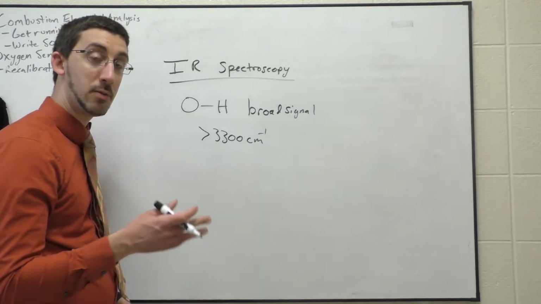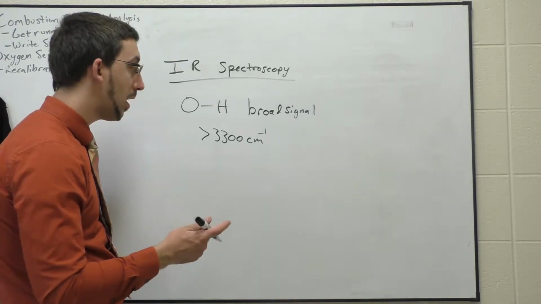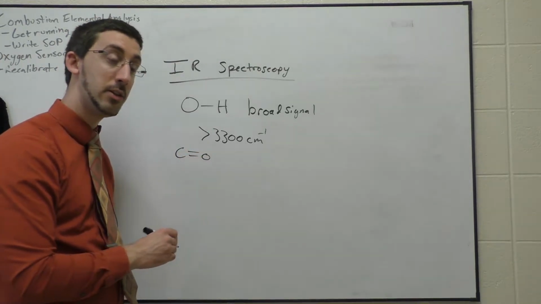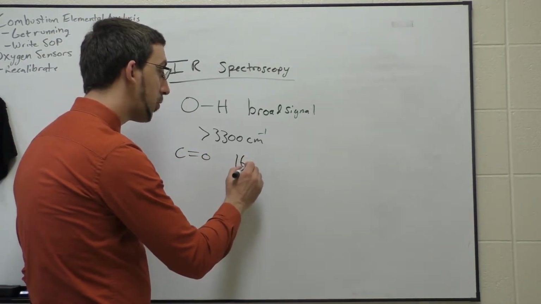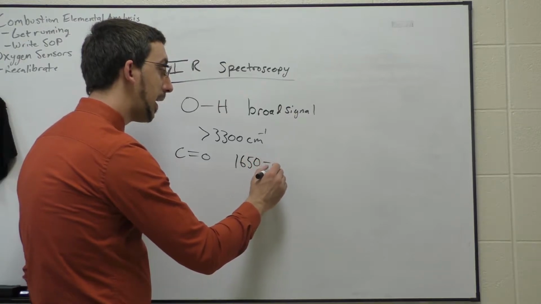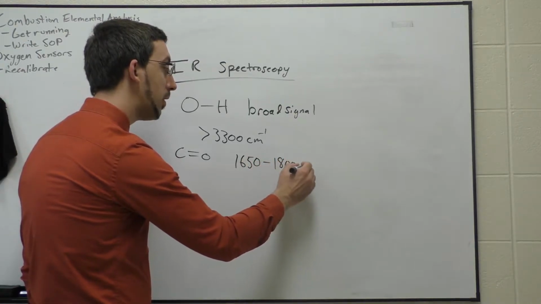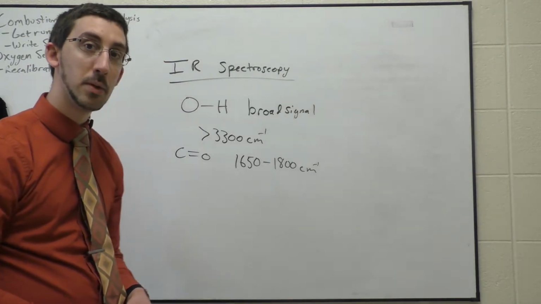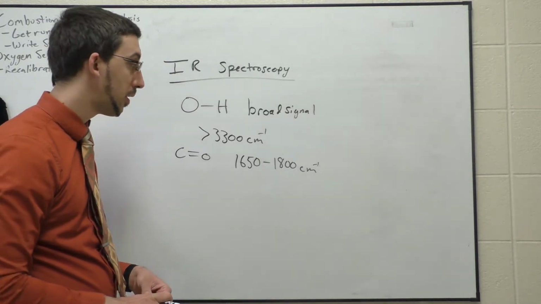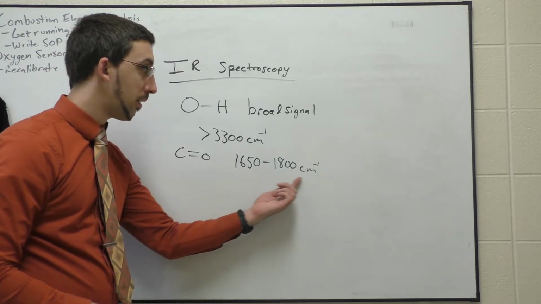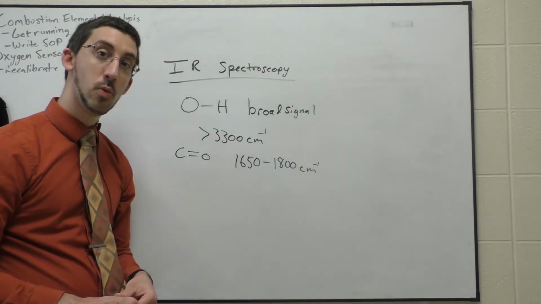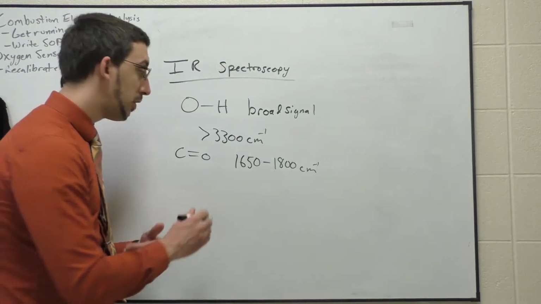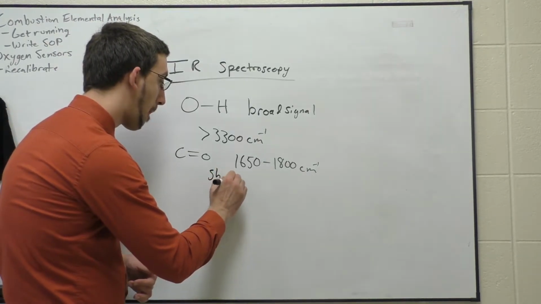Really the most representative and common other signal in the IR is the carbonyl stretch. Now these show up generally anywhere between 1650 as high as 1800 wave numbers. Generally around 1750 would be about the largest, but this is the frequent range for carbonyl compounds, and these are generally sharp peaks.